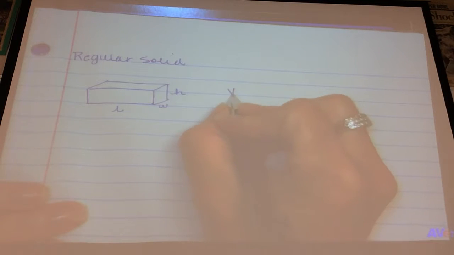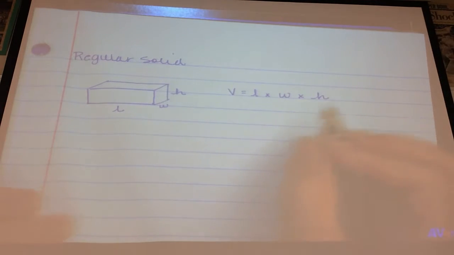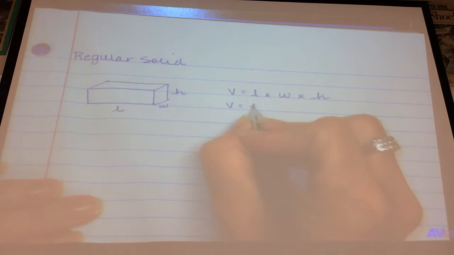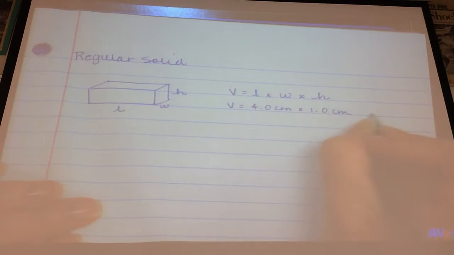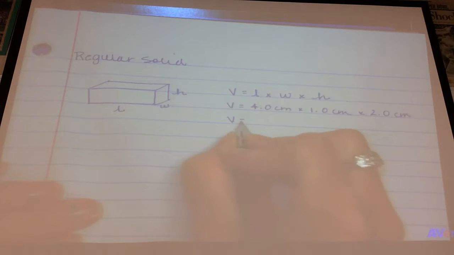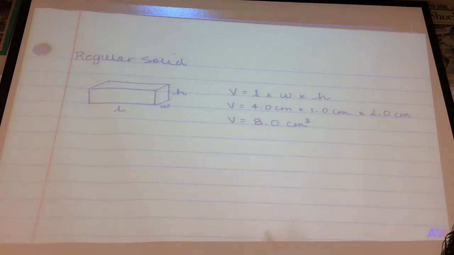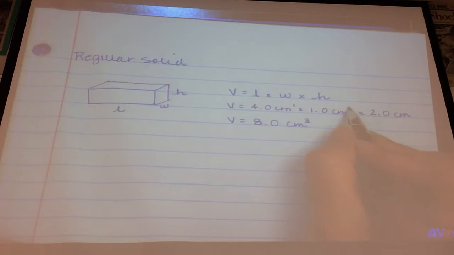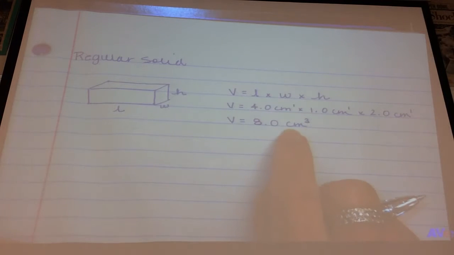You could multiply those three variables, length times width times height, and if they had measurements of 4 centimeters, 1 centimeter, and 2 centimeters respectively, your volume would be 8 centimeters cubed. And again, the cubed because you add the exponents when the units are the same, so centimeters cubed.